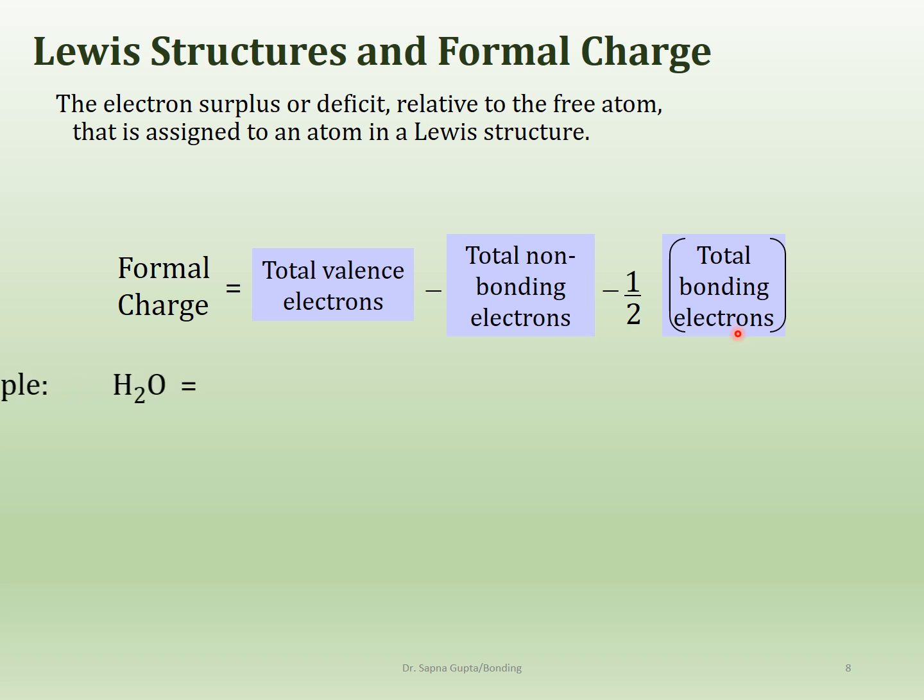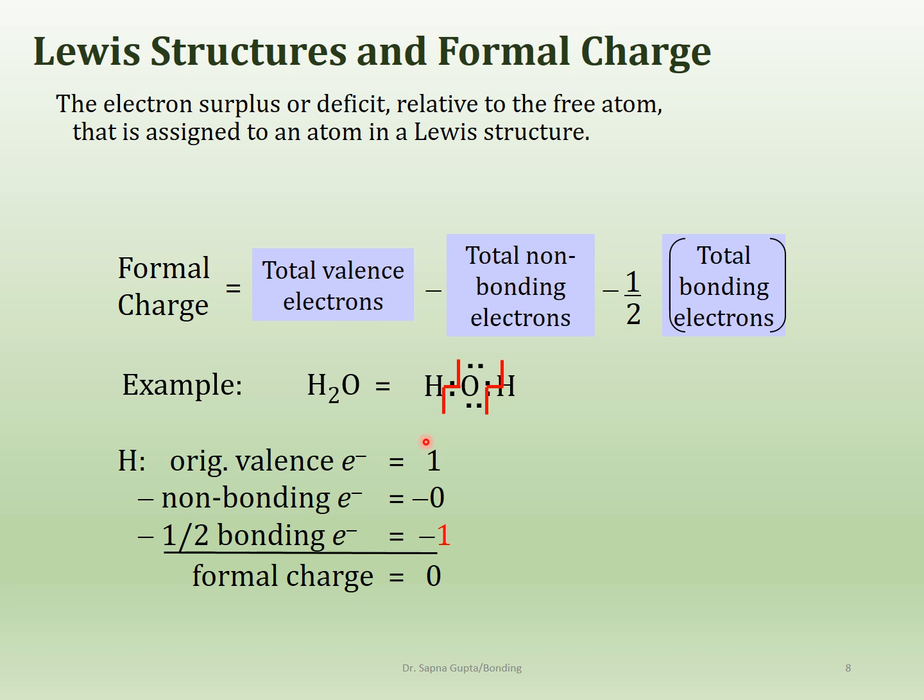So for example, let's take water, H2O, oxygen in the middle, oxygen with 1, 2, 3, 4, 5, 6 electrons, and hydrogen is bringing in 1 electron from its part. To calculate for hydrogen, the number of valence electrons on hydrogen is 1.